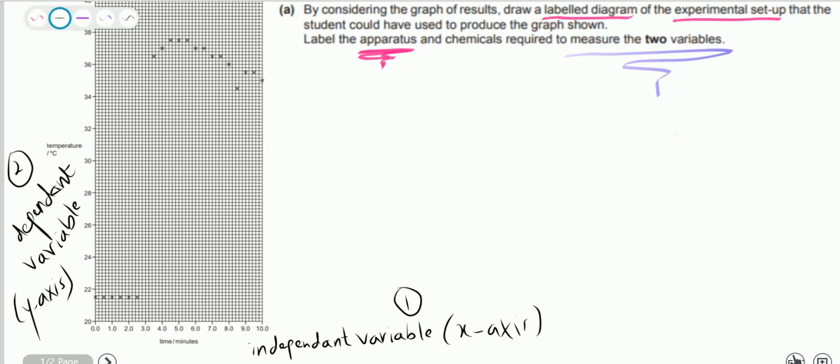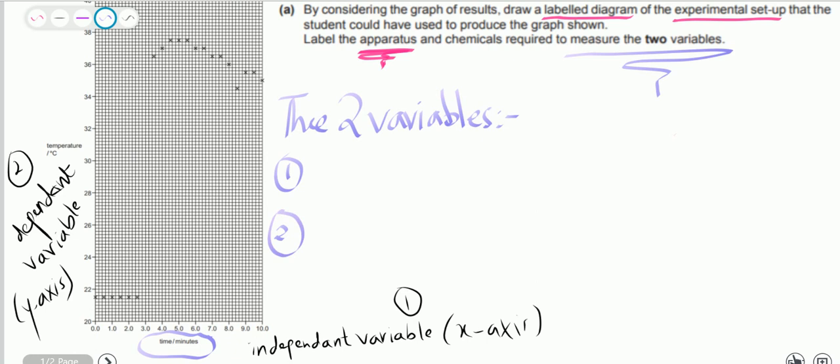These two variables, number 1 and number 2: one of them we get from the x-axis, which is time.